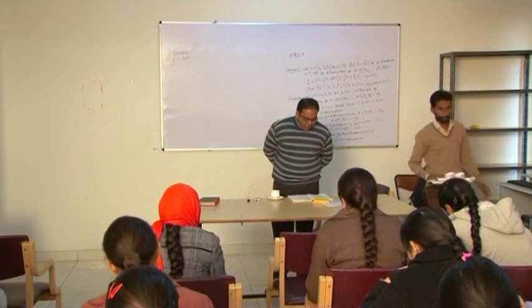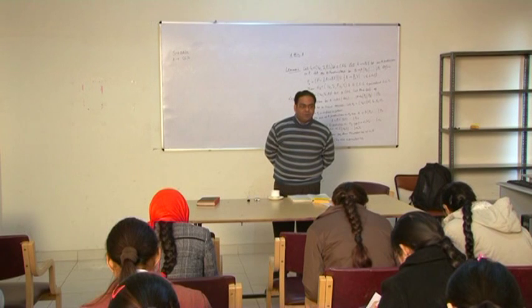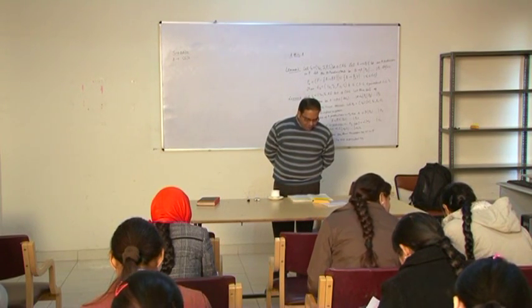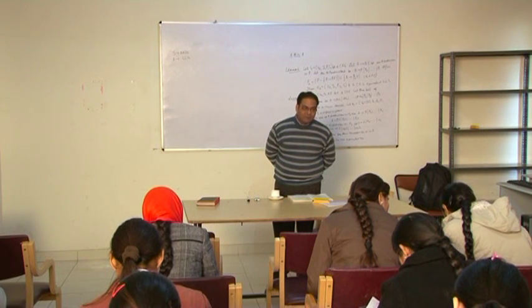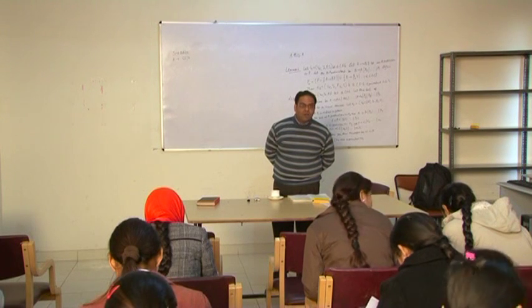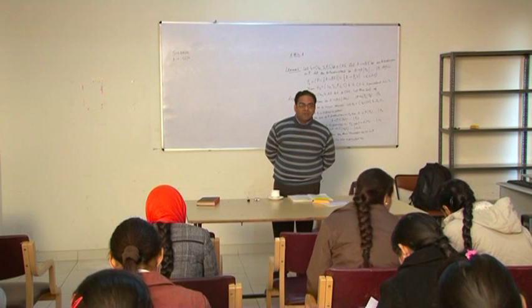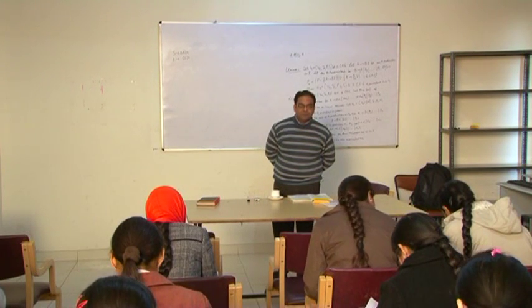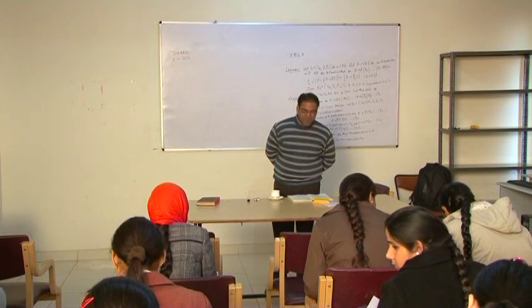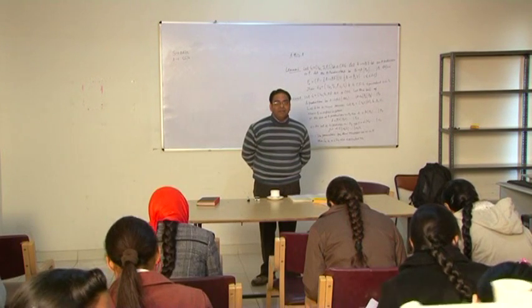A production of the form A derives null, where capital A is a variable, is called a null production. Right? So we found a nullable variable.